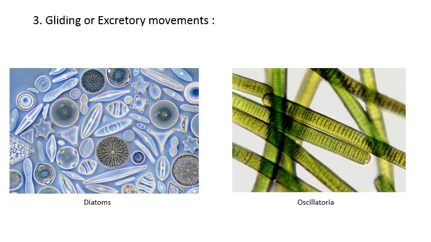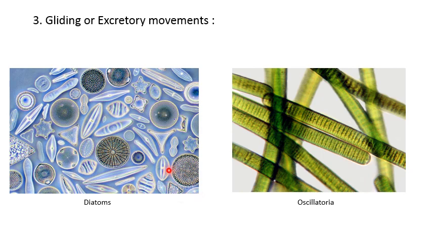The next type of movement is gliding or excretory movements. Here diatoms, desmids, and some algae like Oscillatoria show this kind of movement. It is due to the excretion of mucilage through the cell walls.